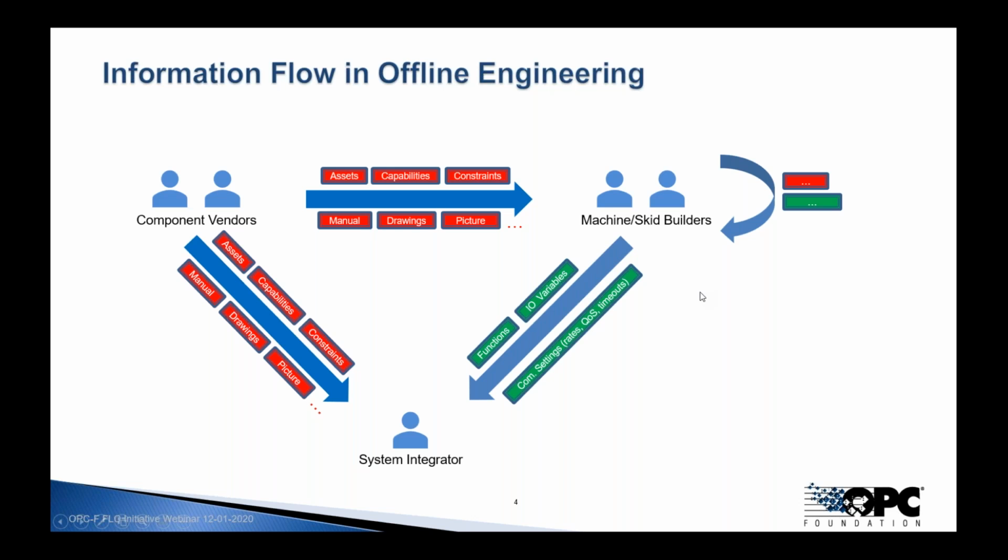And in this case, for the controller use case, a machine control engineer will add the functionality to the controller. So the application programs will be written, the functional entity structure will be created, which also exposes the input-output variable and the configuration variables that are being used to configure the functional entity.